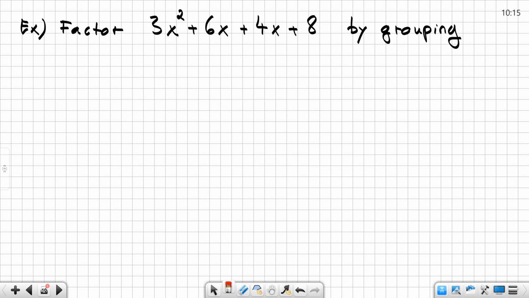All right. Now, let's have a look at if we are not in such a perfect world as in the last example, but with an example like this. This is a polynomial, and we are supposed to factor this by grouping.